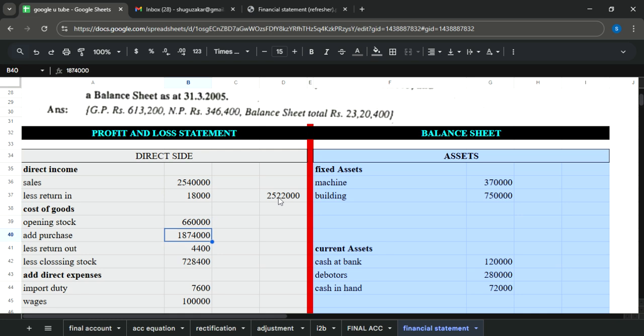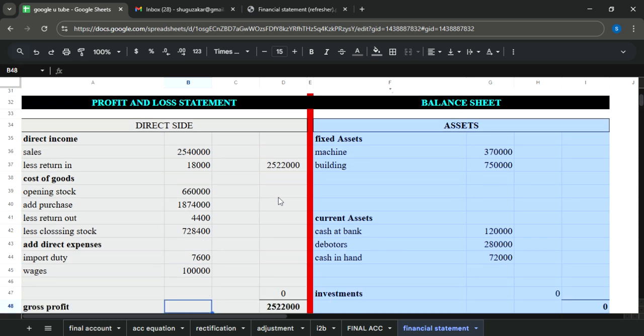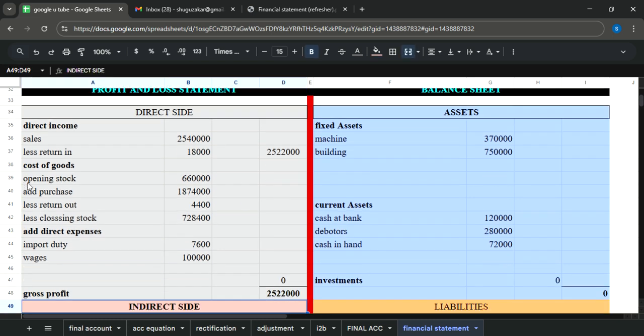Then please note down what you will have to do. Every next element has its sign: add, less and less. So here you will start your calculation of cost of goods sold. First of all, opening stock, then you will add purchases. This is your amount of purchase 18,74,000.